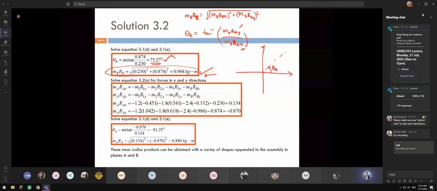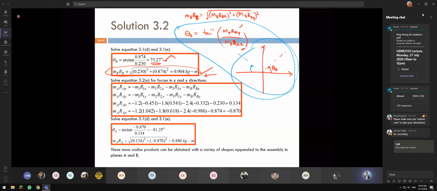But if your MBRBY is positive and MBRBX is negative, then it will be in this sector, so whatever you calculate is over here. Then you have to take 180 degrees minus the value you calculated using your calculator. That's why I highly encourage that when we solve this, we sketch it out, so you will know the location of your angle.